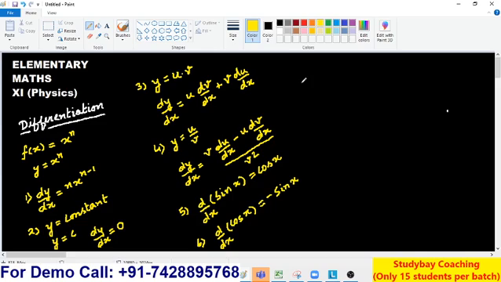Then d by dx of tan x will be equal to sec square x.